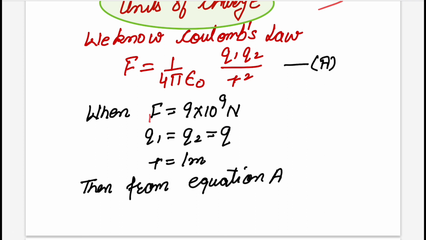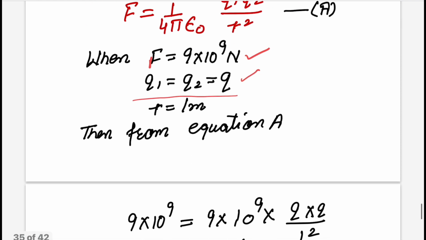We assume that the force is 9 into 10 raised to power 9 when you have two same kind of charges, when Q1 is equal to Q2 is equal to Q. The charges are same and they are placed at a distance of 1 meter.